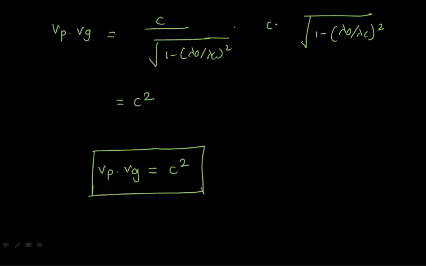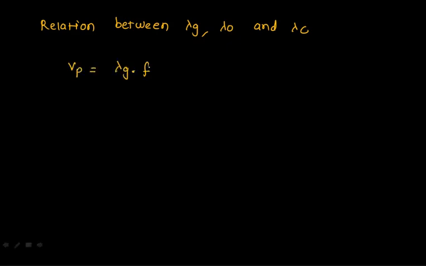Okay. Now we are going to find out the relation between lambda g, lambda 0 and lambda c. I can write the relation between lambda g, lambda 0 and lambda c. What is the Vp here? Vp is equal to lambda g into f.